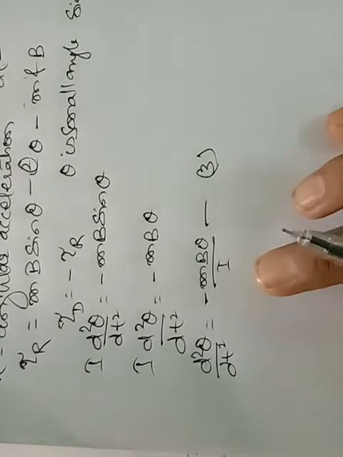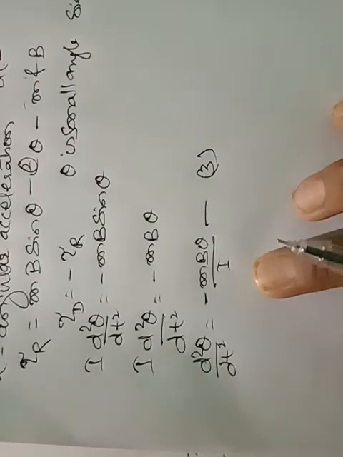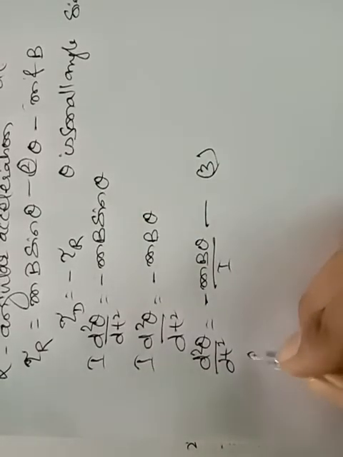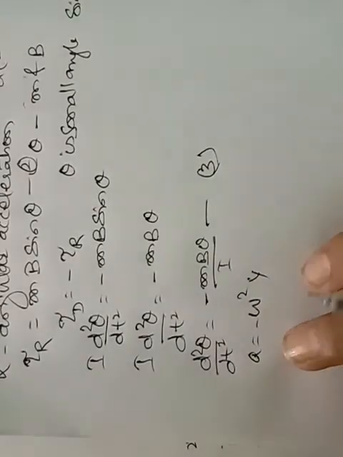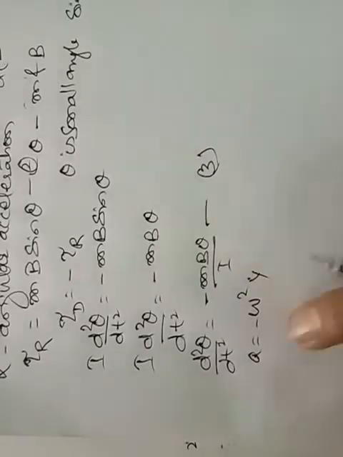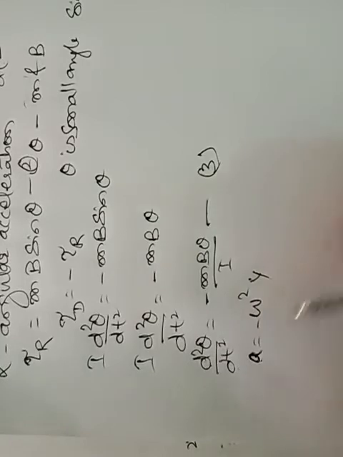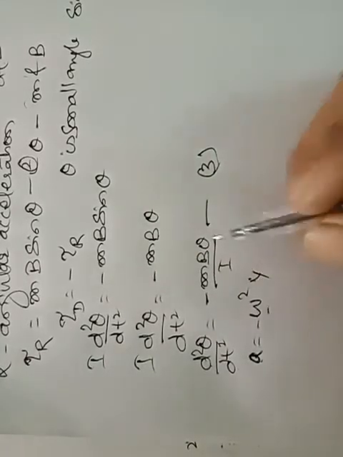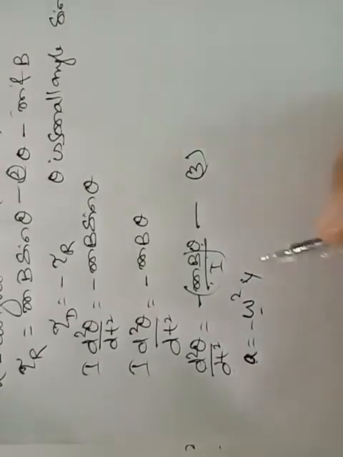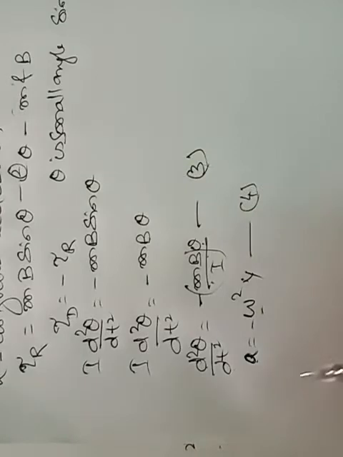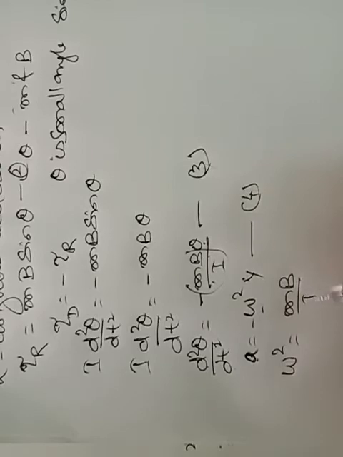Now this equation is equivalent to simple harmonic motion, a is equal to minus omega square y. Comparing the two equations, a is d square theta by dt square, theta is represented by y, and omega square is equal to mB by I.